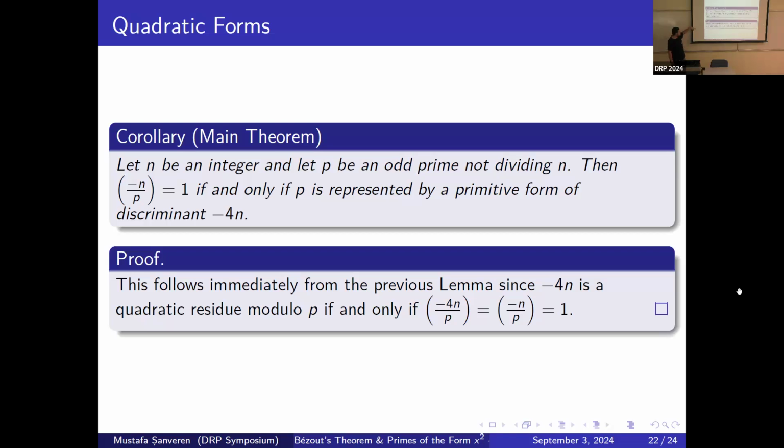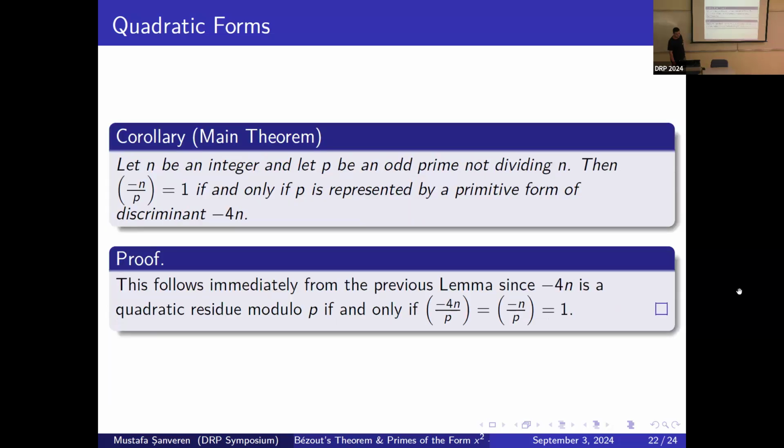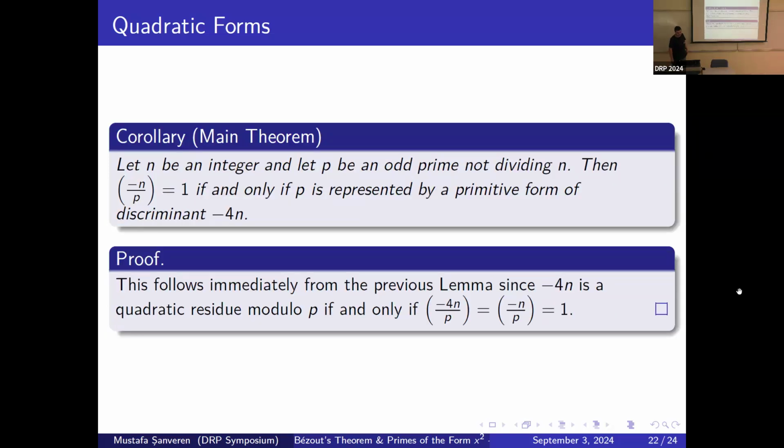Then the Legendre symbol is equal to 1 if and only if p is represented by a primitive form of discriminant minus 4n. The proof comes from this lemma, which comes from the previous lemma, and the proof is done.